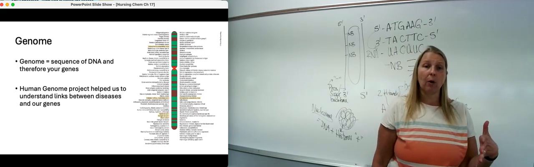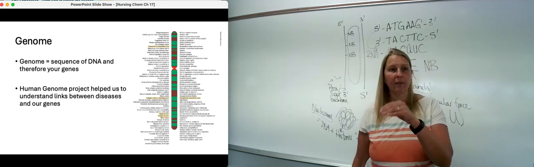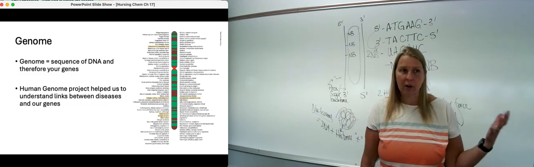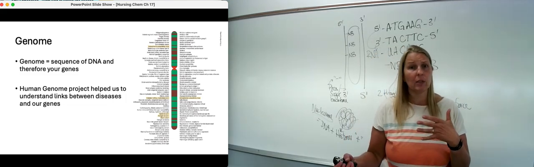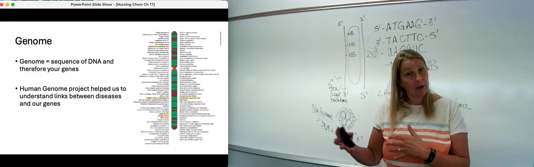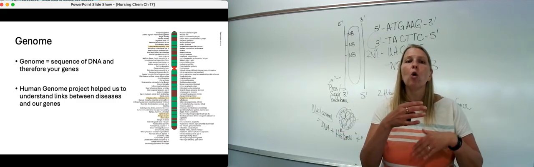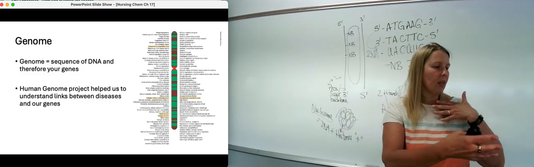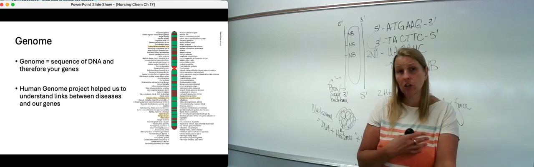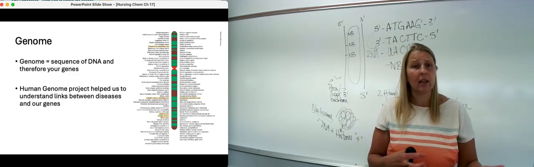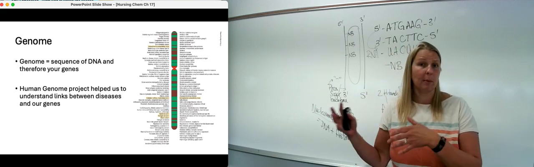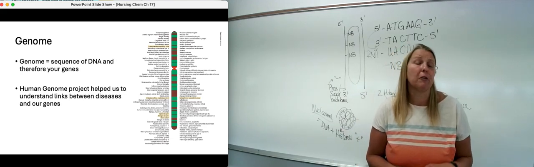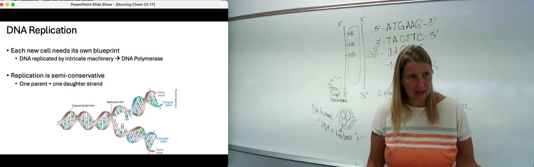So you might have a BRCA1 gene, and do you have the mutation, yes or no? There are a lot of things that we can do by looking at the Human Genome Project and sequencing. It can tell you some information about what mutations you may have in your genome, which makes you more or less susceptible to certain diseases, more or less susceptible to certain characteristics that you may have, different things like this.